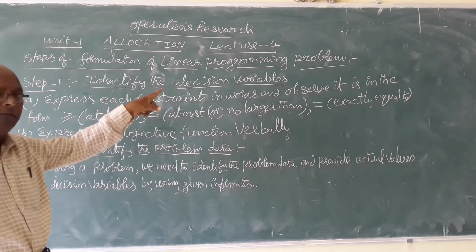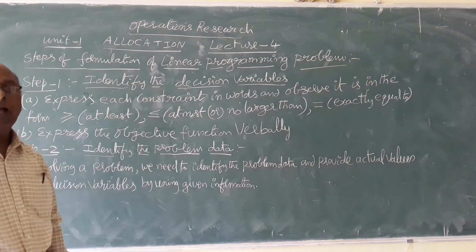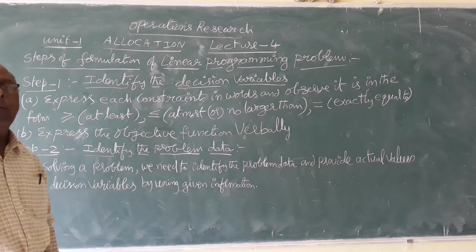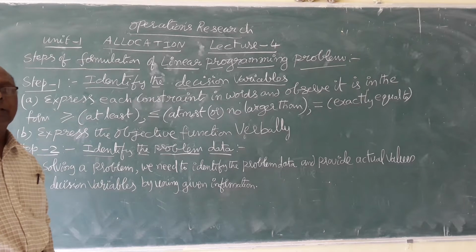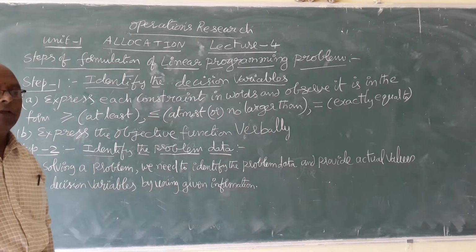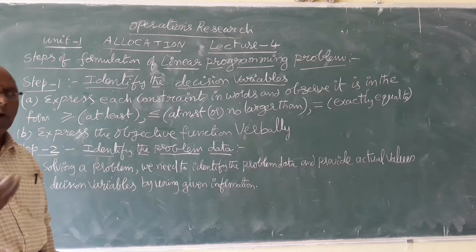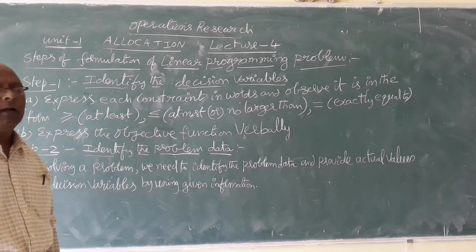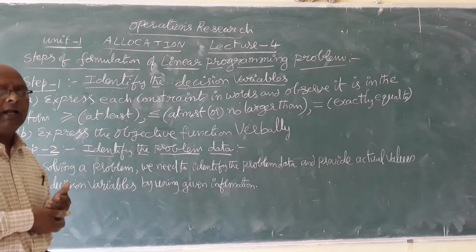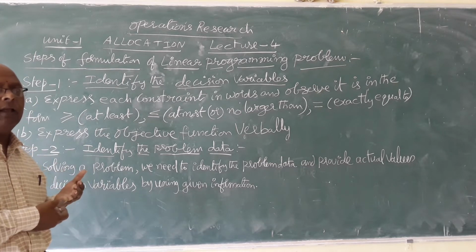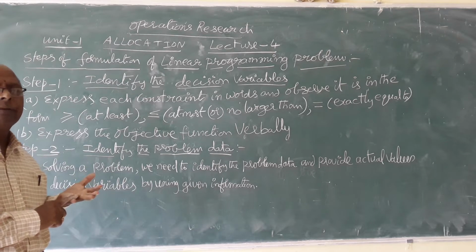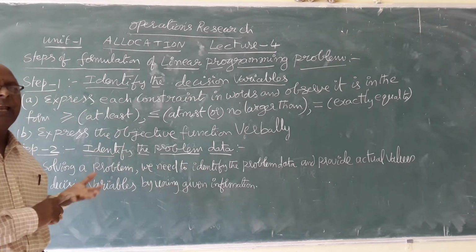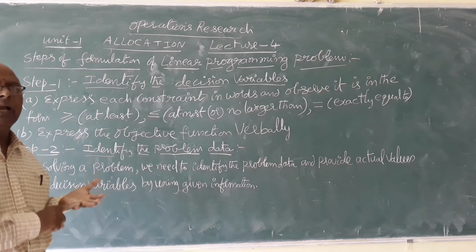Identify the decision variables. Solving a linear programming problem means to find the decision variables. Suppose in the problem there are two decision variables, x1, x2. We have to find the x1, x2 values such that they satisfy the objective function, constraints, and non-negative restrictions.